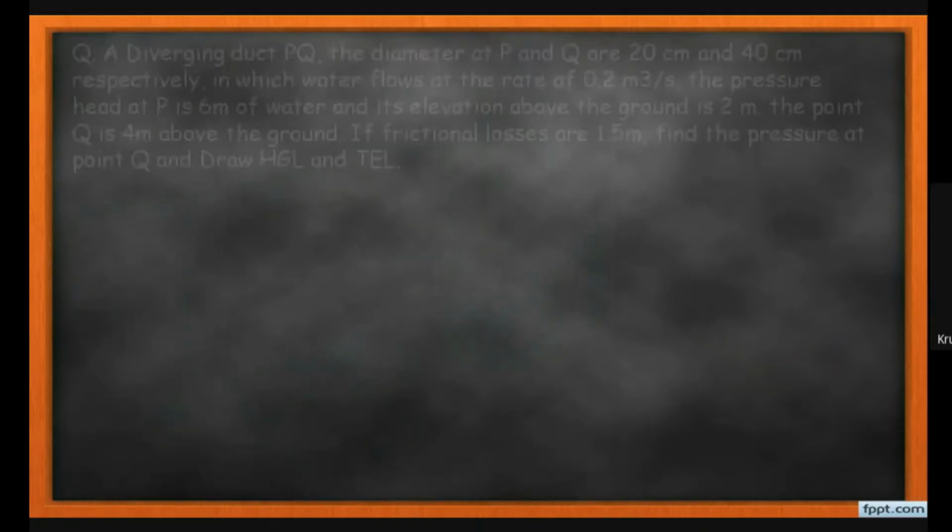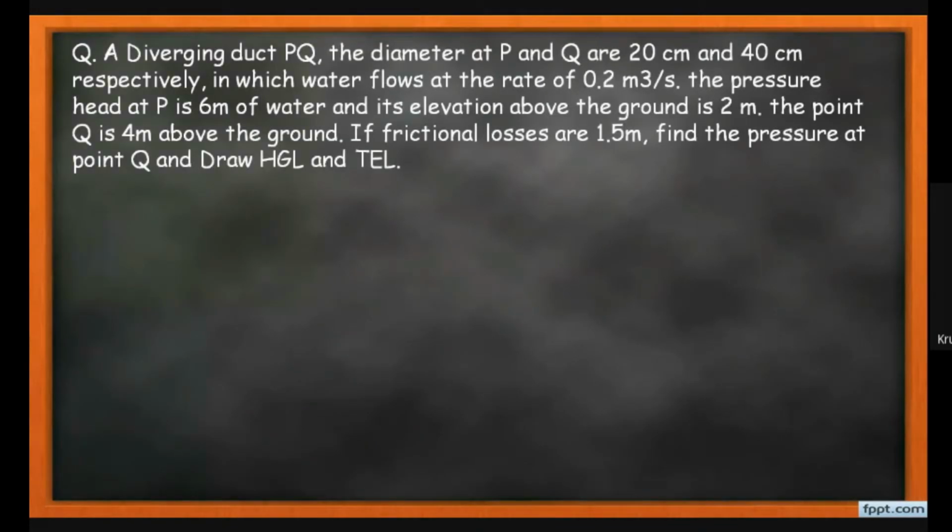Now students, we go with a numerical asked in GTU based on this HGL and TEL. A diverging duct PQ has diameters at P and Q of 20 centimeter and 40 centimeter respectively, in which water flows at a rate of 0.2 meter cube per second.